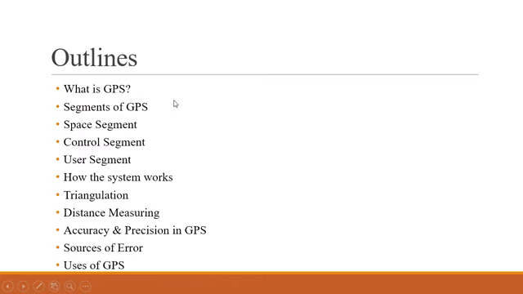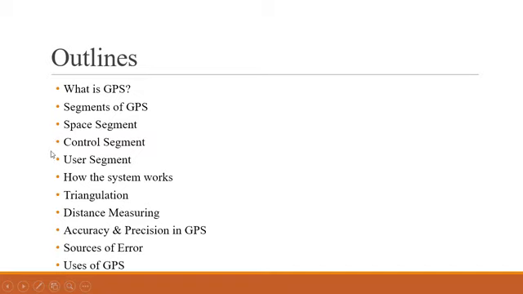So coming to the topic, which is the global positioning system, we will just see the outline of the topic. First we will cover what is a GPS, the introduction of GPS, then we will see the segments of GPS, that is, what are the parts of GPS. These parts are the space segment, control segment, and user segment.